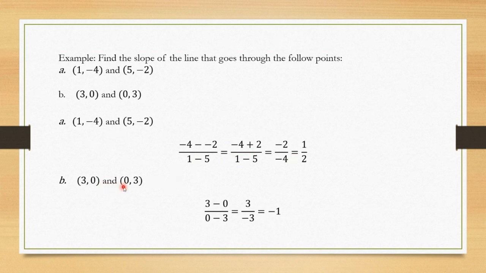And we do the same thing down here. As you can see, we have 3 minus 0 over 0 minus 3. Again, coordinates for the same point are on top of each other. So we have 3 over -3, which is -1.